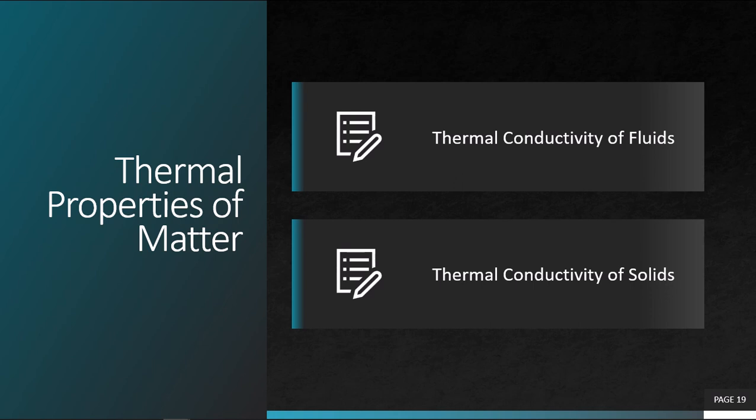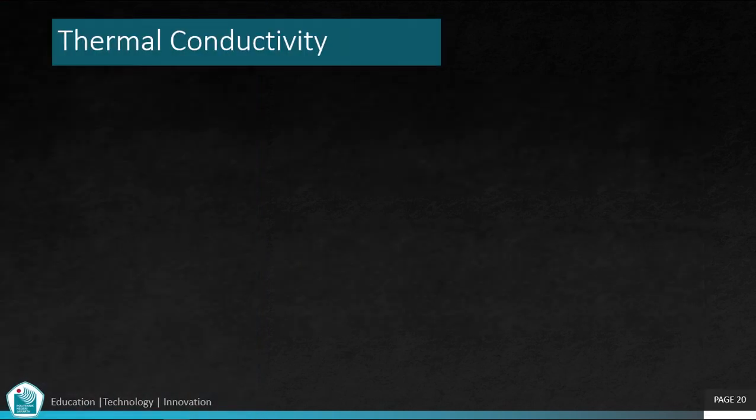Okay, the next topic we'll cover is the thermal properties of matter. It covers only the thermal conductivity of fluids and the thermal conductivity of solids. First, we will begin with the meaning of the thermal conductivity.